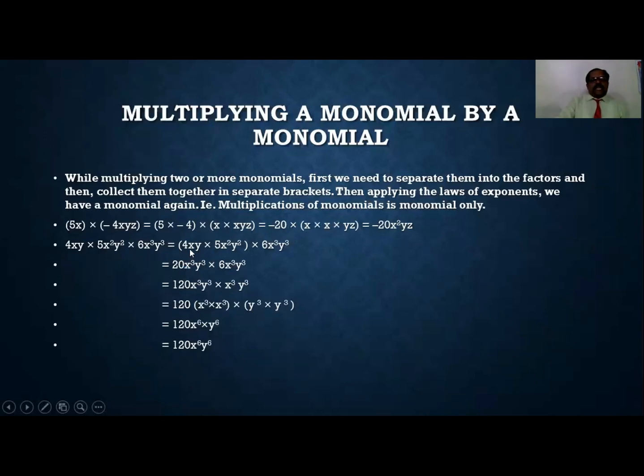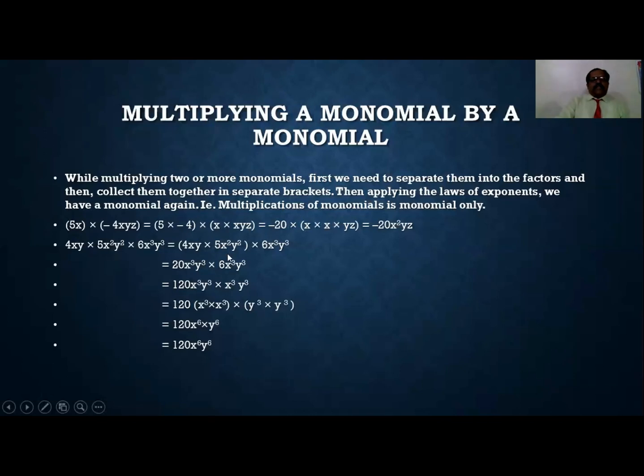Then multiplication of x with x square. Since the variable is the same, these are two exponents with the same base x, x raised to 1, and x square means the base is x and the power is 2. So this is the product of two exponents with equal base.